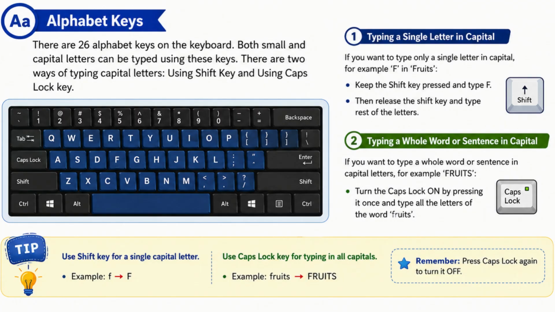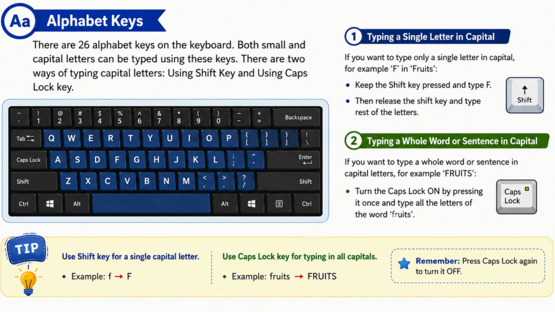If you want to type only a single letter in capital, for example F in fruits, keep the Shift key pressed and then type F. Then release Shift key and type the rest of the letters.